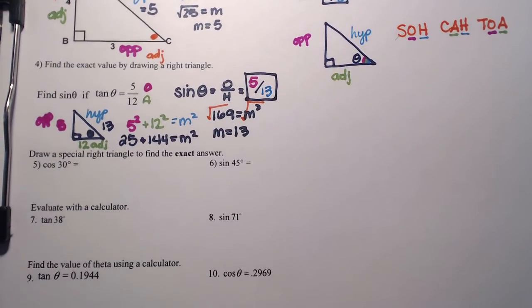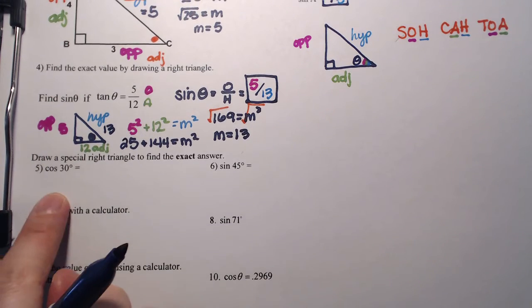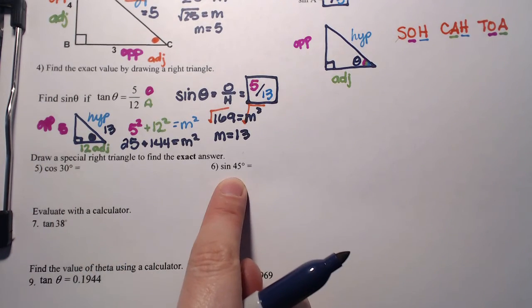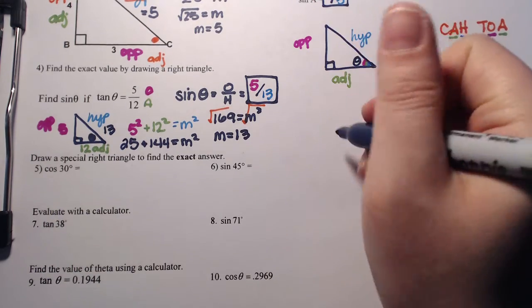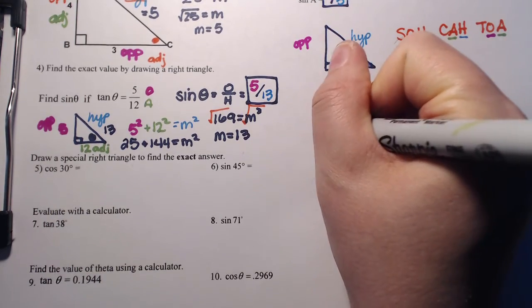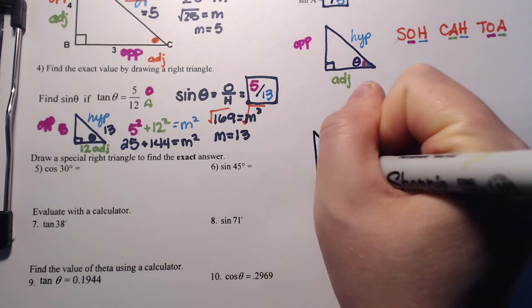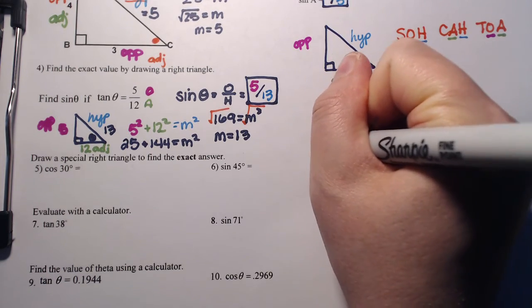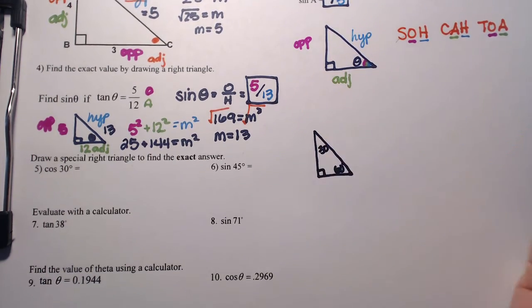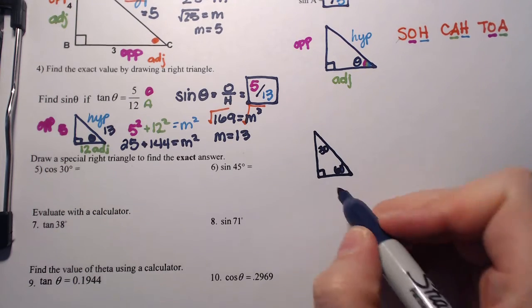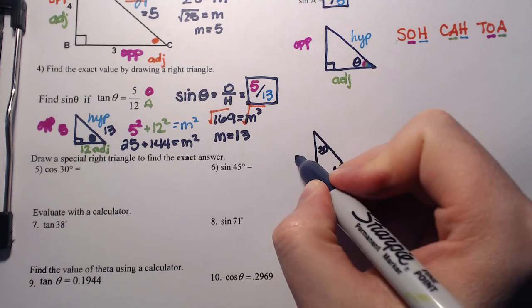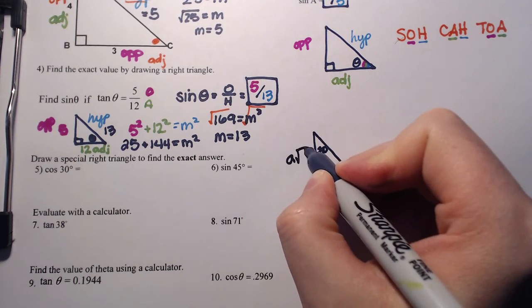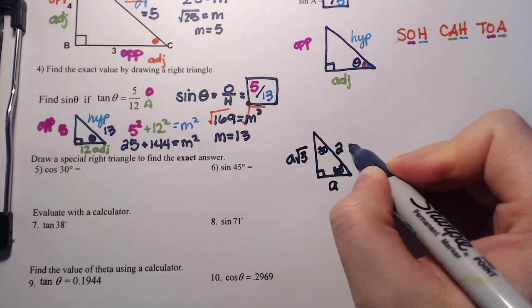Okay, if we keep going down, we have cosine of 30 degrees, sine of 45 degrees. We can actually find those exact values using our special right triangles. So if I have a 30, 60, 90, remember whatever this side is, this is that times the square root of 3, and this is 2 times that value.